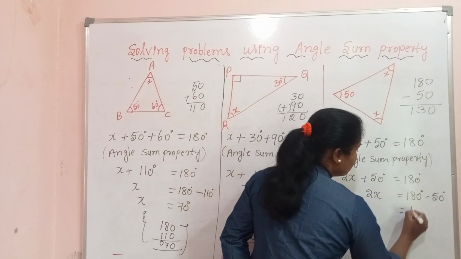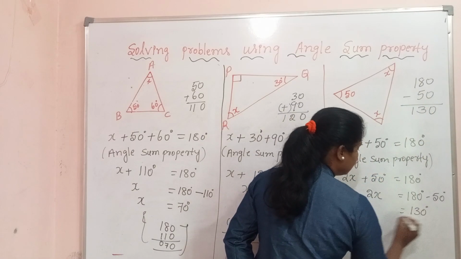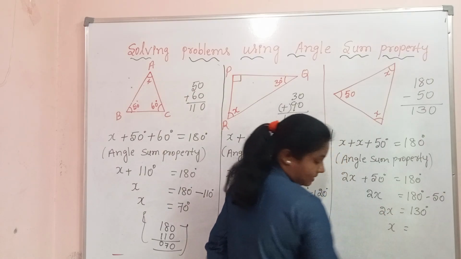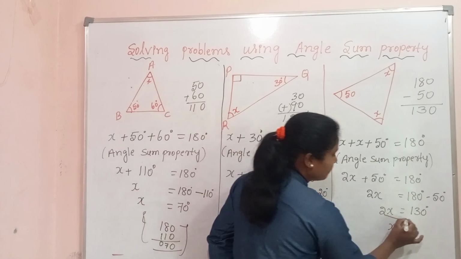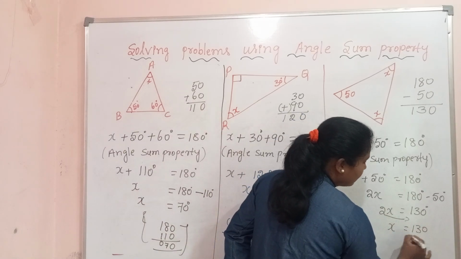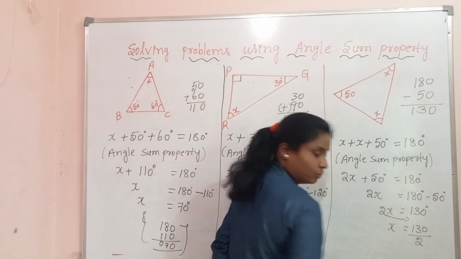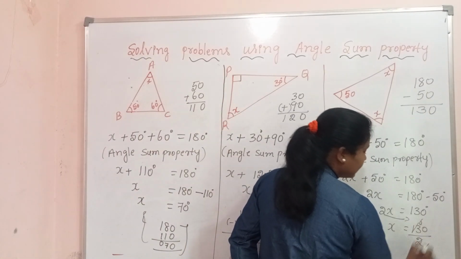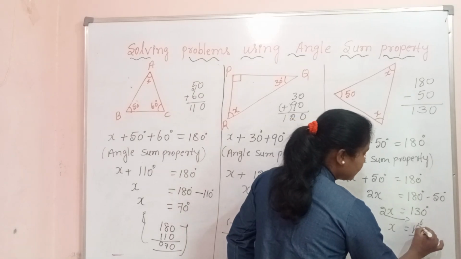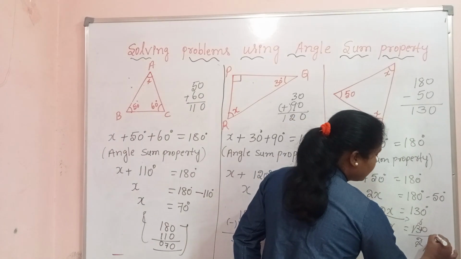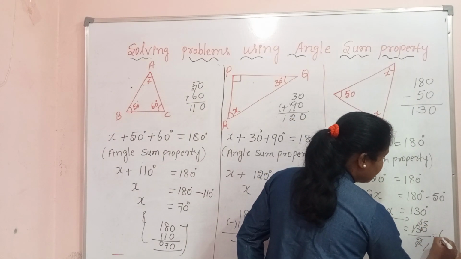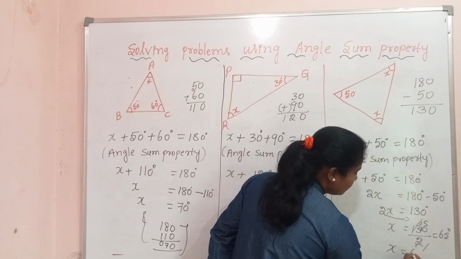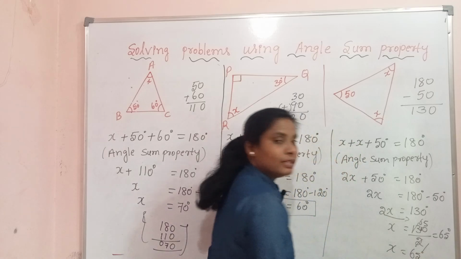We get 130 degrees. 2x equals 130, but we want x, so the 2 comes down. 130 divided by 2: 2 ones are 2, 2 sixes are 12. 1 is the remainder, it becomes 10. 2 fives are 10. So 65 degrees. The value of x is 65 degrees.